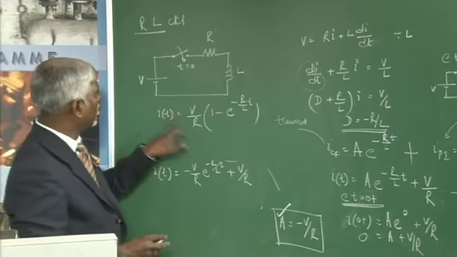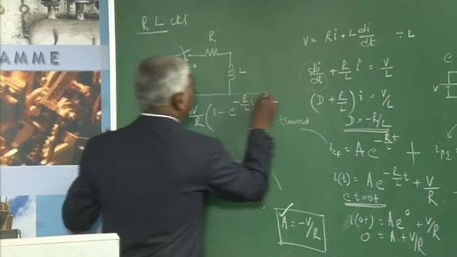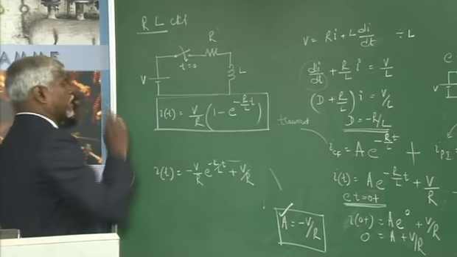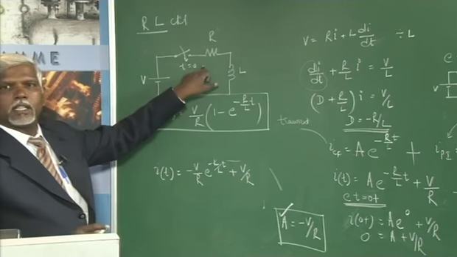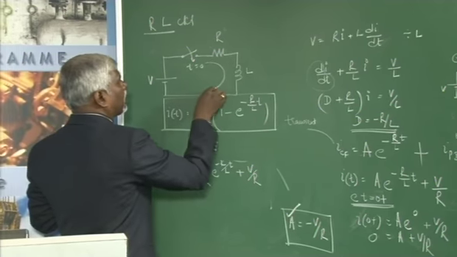So I have an expression for current in an RL circuit, how the current varies with time.